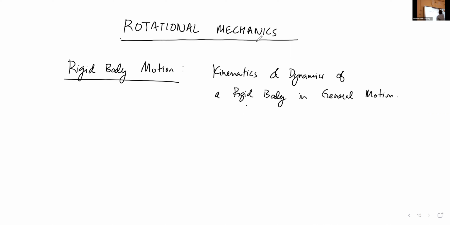And by general motion, what we mean to say is it is a combination of rotation and translation. So basically, any rigid body that is moving like this.